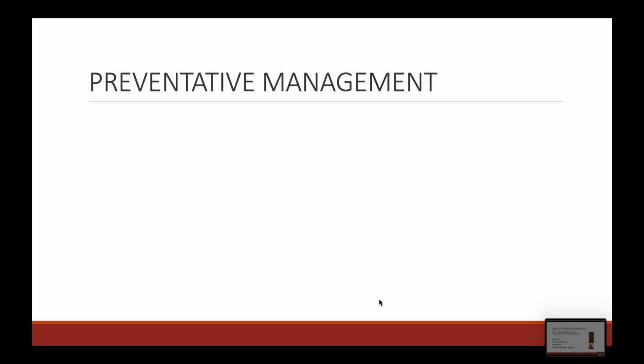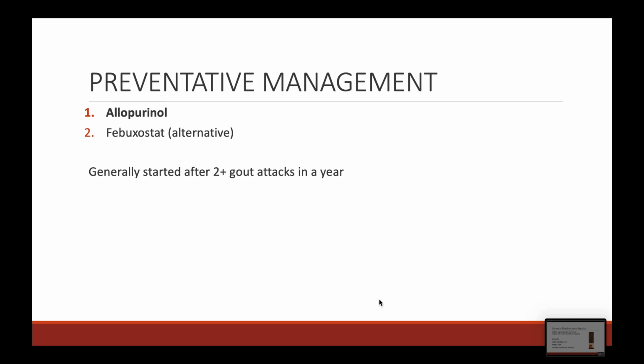Have a think. Okay. So, yes, allopurinol. So allopurinol is a xanthine oxidase inhibitor, and obviously another alternative in a similar pathway is febuxostat, if you can't have allopurinol. And generally you want to start the drug around 2 weeks after the patient had 2 or more gout attacks in a year.